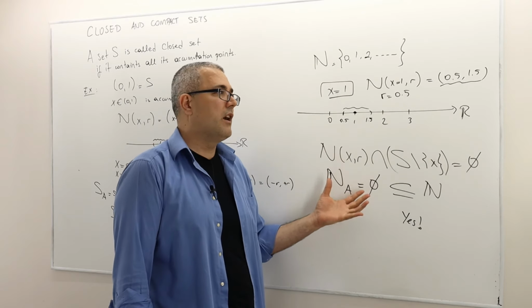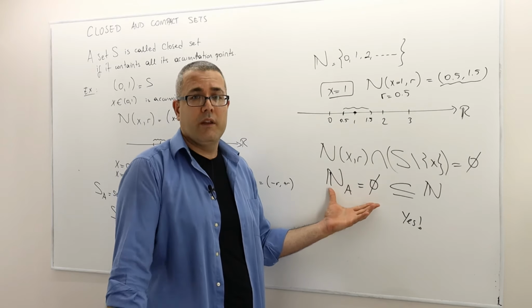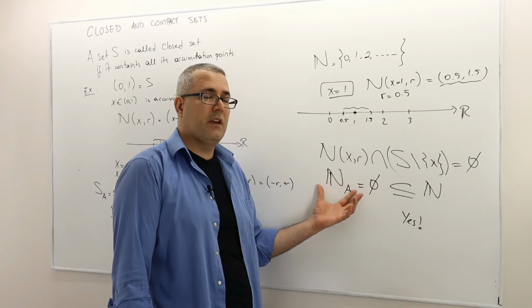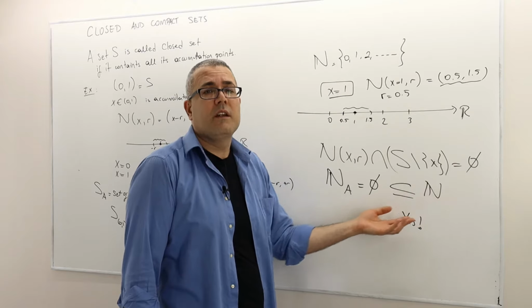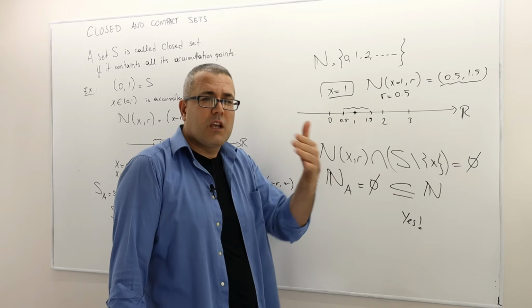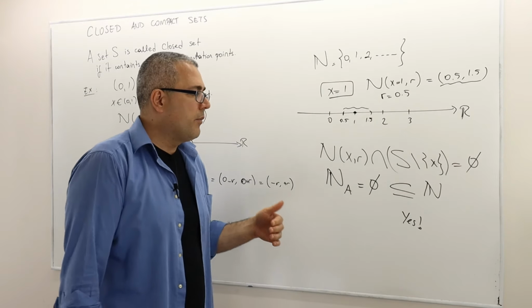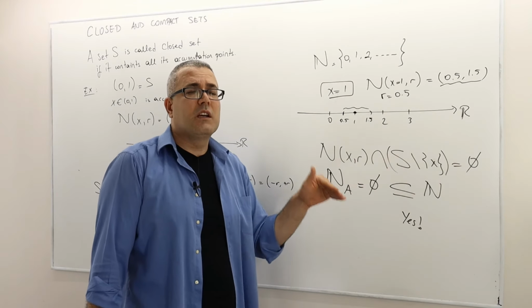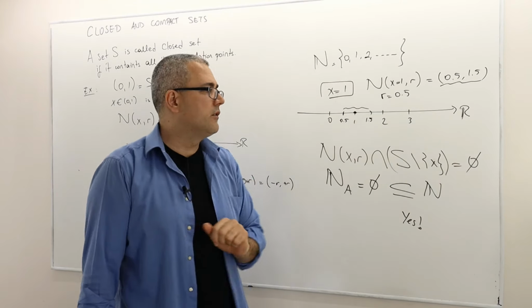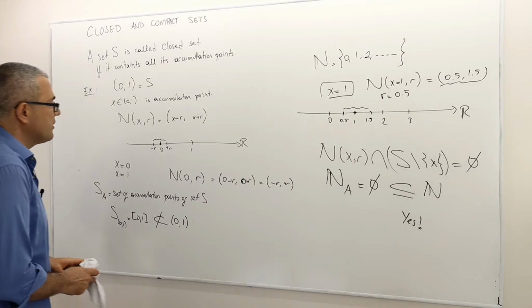Well, that's weird, right? There's no accumulation point, so the set of accumulation points is the empty set, but it's included in the set of naturals. So by logical deduction, the set of naturals is a closed set.